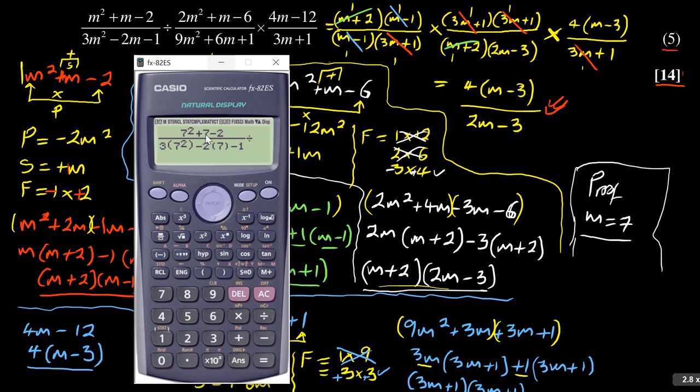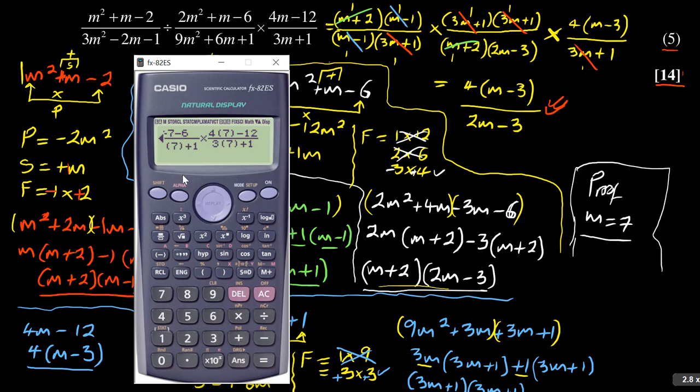I type it as it is, divided by 2 into 7 squared plus 7 minus 6 all over 9 into 7 squared plus 6 into 7 plus 1, times again 4 into 7 minus 12 over 3 into 7 plus 1.